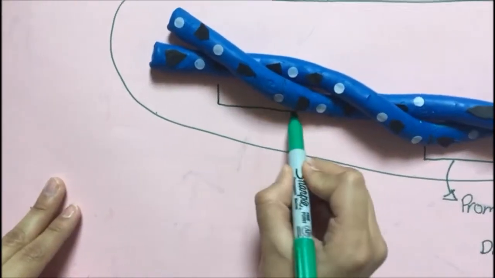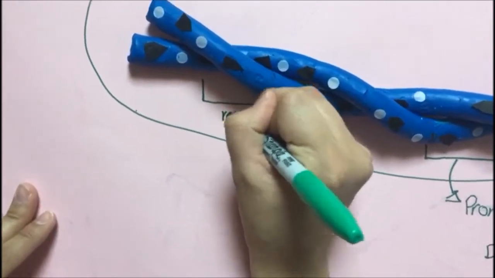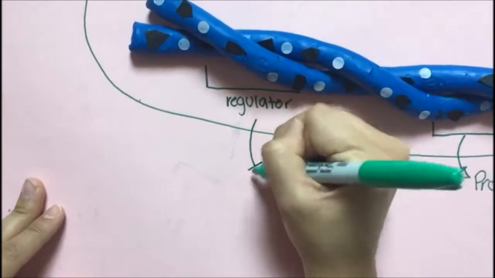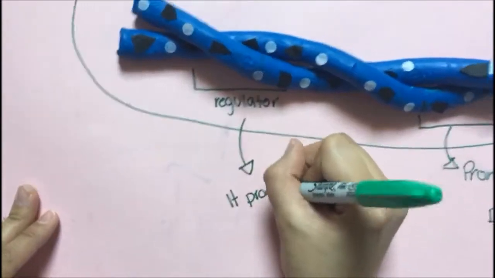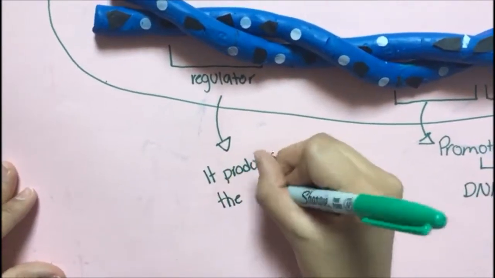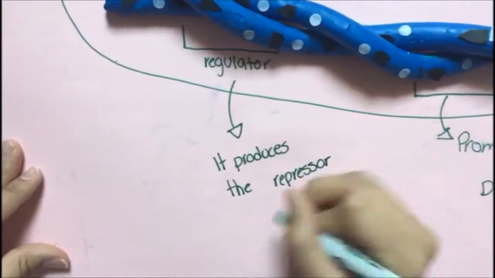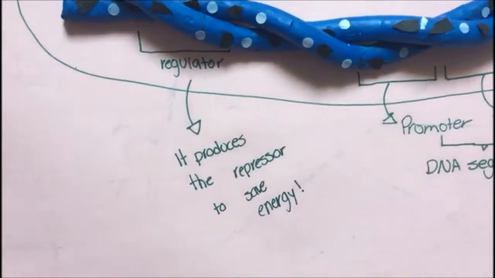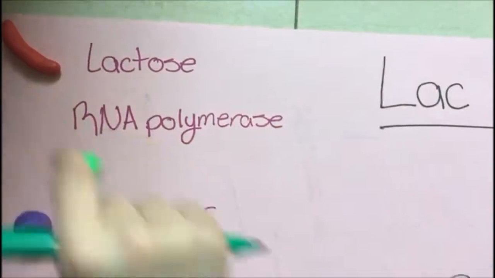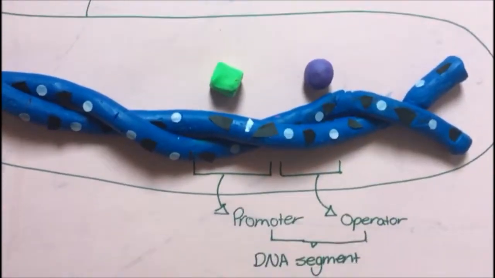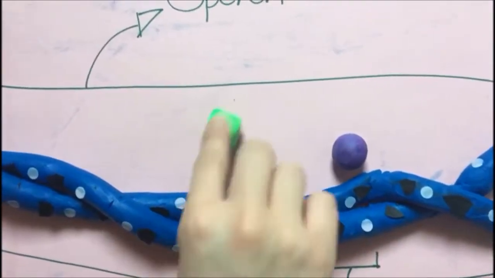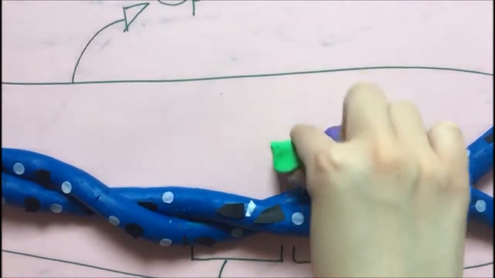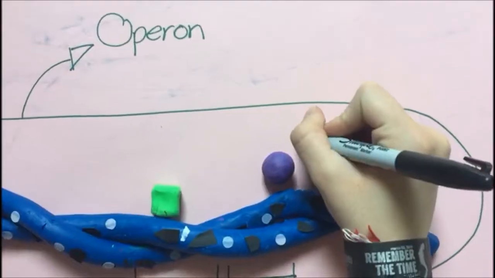In this process, there will always be a regulator gene, which will regulate and control the activity of one or more genes. For example, the repressor is made by the regulator gene, so they can save energy. The promoter will bind with the RNA polymerase and the operator with the repressor. During this attachment, the RNA polymerase won't be able to transcribe because the repressor blocks it.